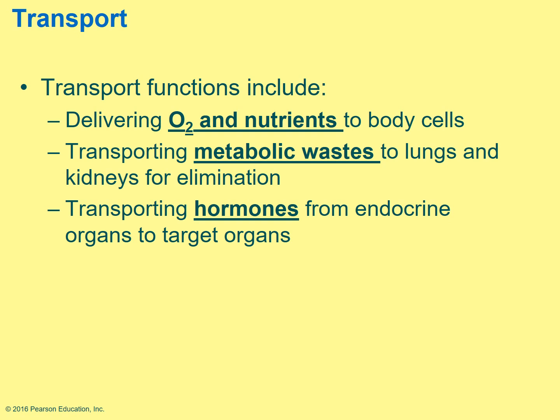It's also transporting waste products, either carbon dioxide to the lungs or other waste products to the kidneys for you to eliminate them. And it's also helping to transport things like hormones from the endocrine gland to the target cell or the target organ, depending on which one you're talking about.